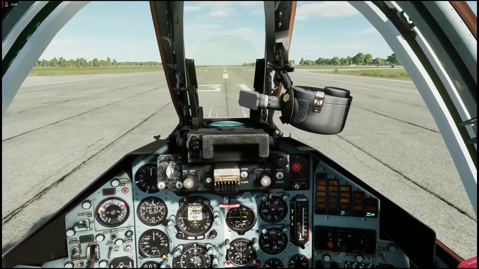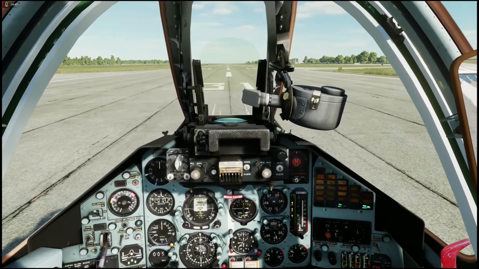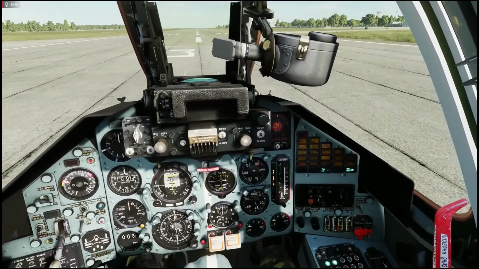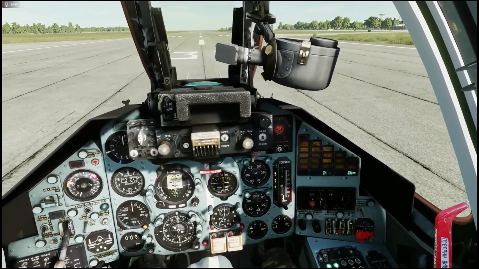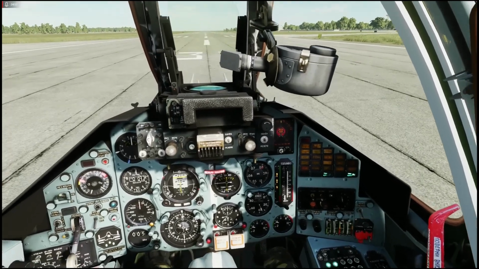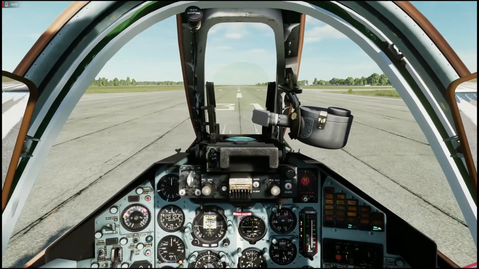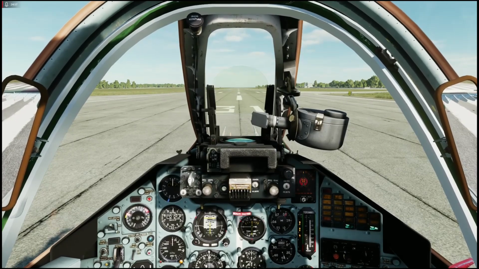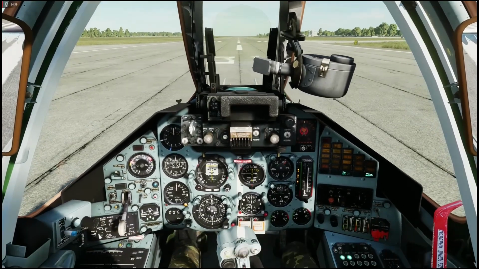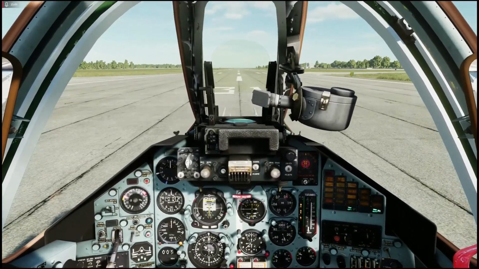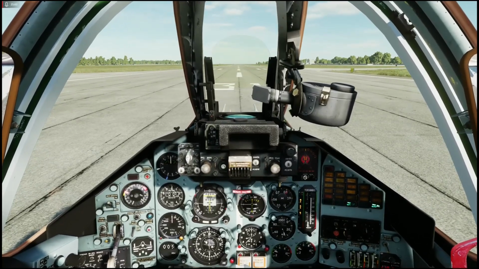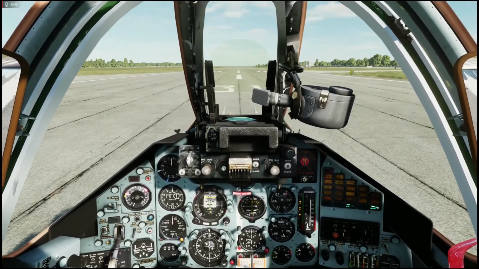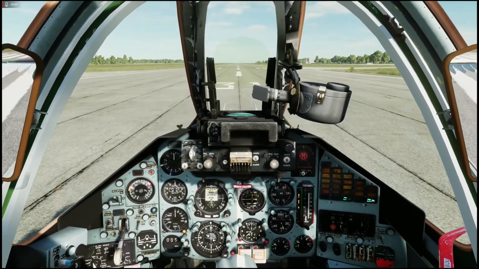I do not need that, and I do not need the Mach meter. That doesn't matter. I don't need the throttle percentage. All I need is for the engines to spool up when I put the throttle forward. Everything else is just luxury. So know which instrument you need and ignore the rest.